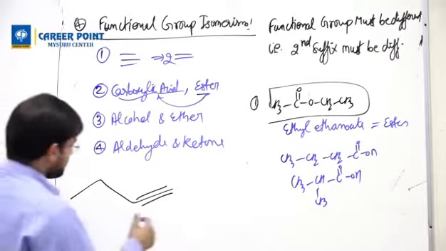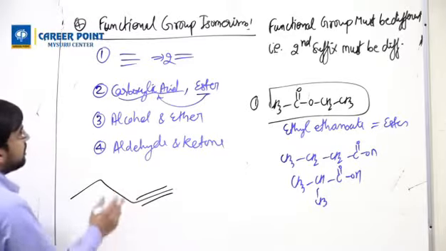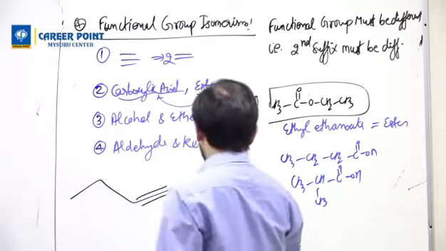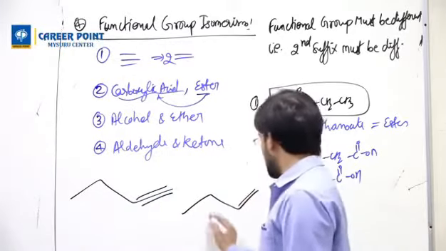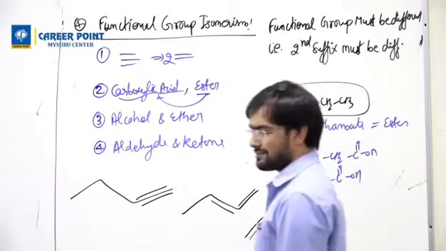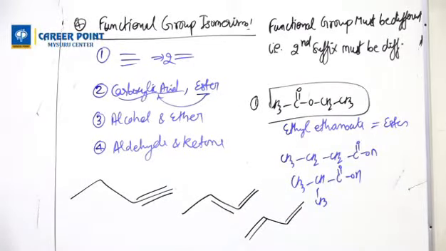So if you have this triple bond, a triple bond is equal to two double bonds. So I can draw two double bonds, one double bond here, another double bond here, or I can draw two double bonds at two different places. So I get total 2. Understand this also?